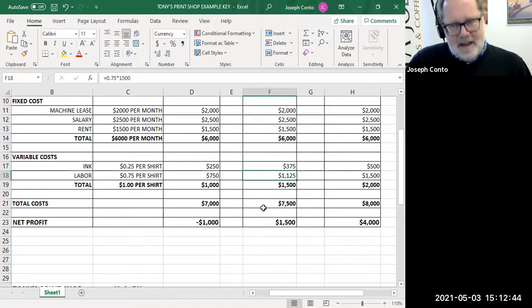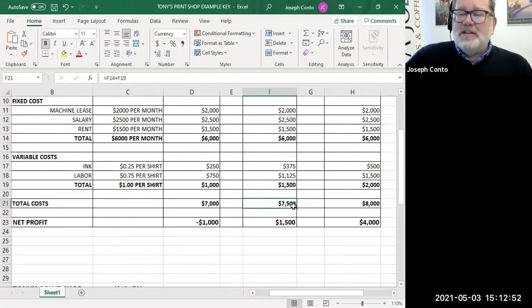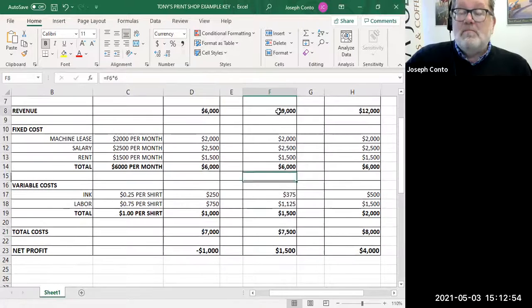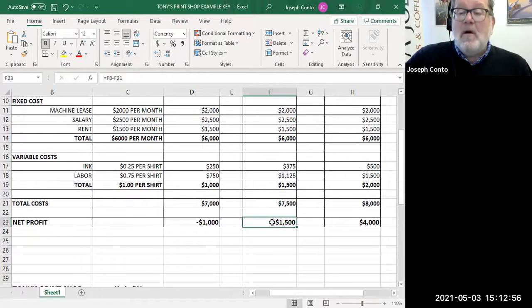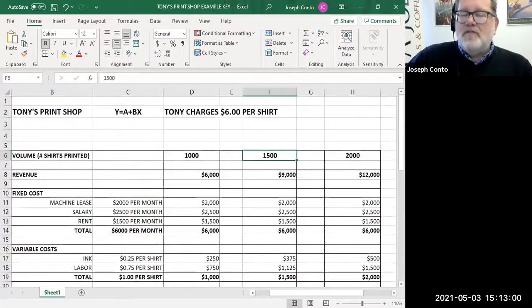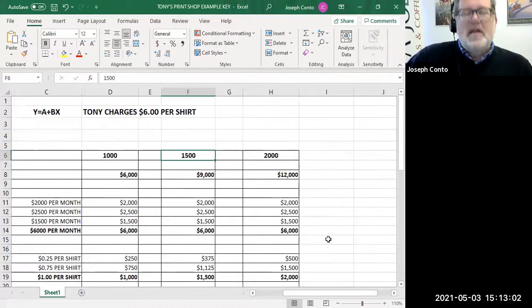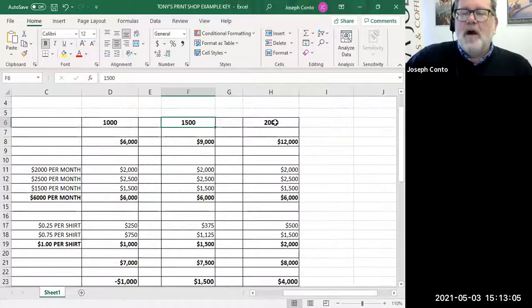My labor, because it's 75 cents per shirt. So now it's $1,500 in labor and $6,000 in fixed costs. So my total costs are $7,500, but my revenue was $9,000. So now, gosh, I'm turning a profit. So I know that if I'm going to have 1,500 shirts, I get to go for a profit.